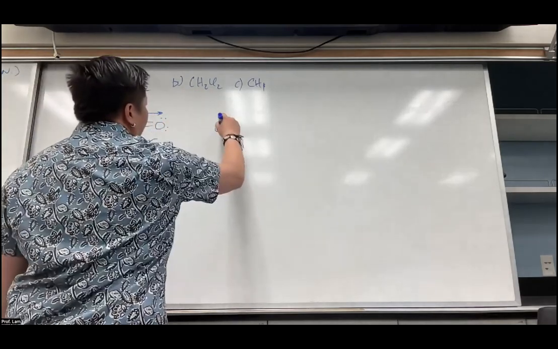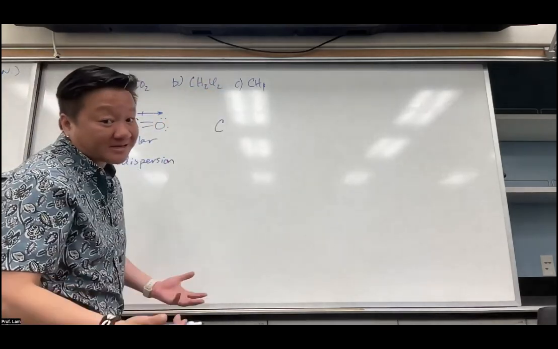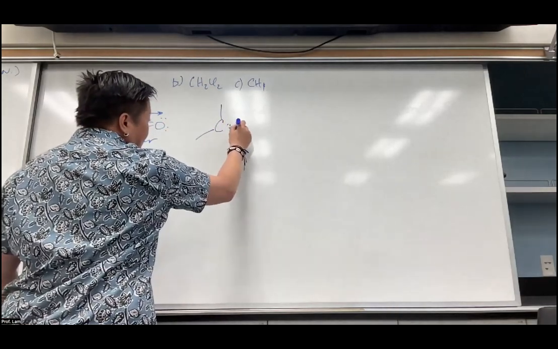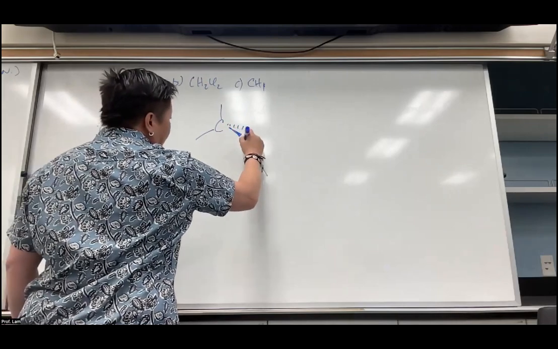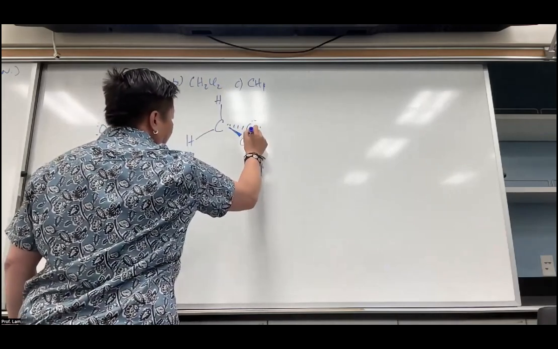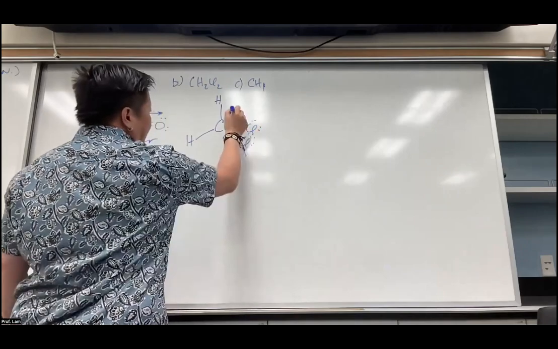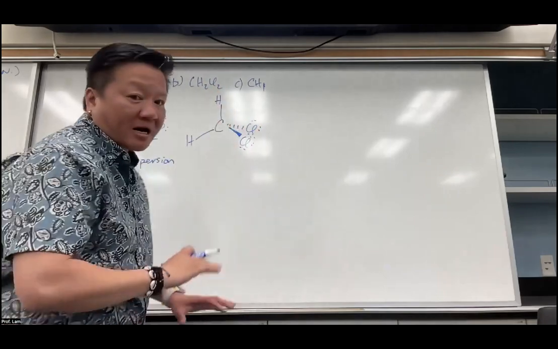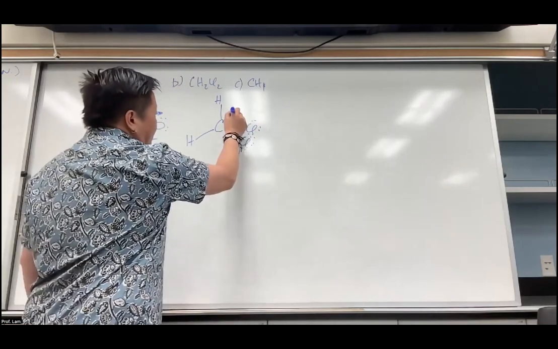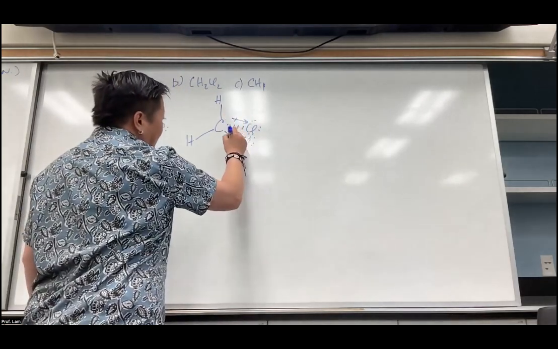CH2Cl2. That's four things bonded to carbon. It's gotta be tetrahedral, right? So I'm gonna draw my tetrahedral template. Remember, I don't need to draw any bond polarity arrows on top of CH. I should do it for the Cl bonds.